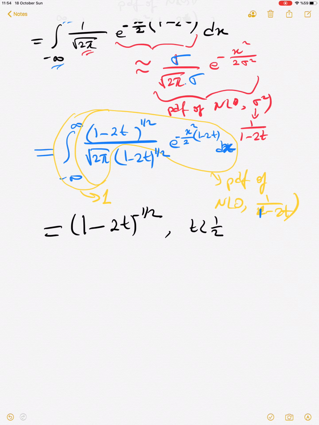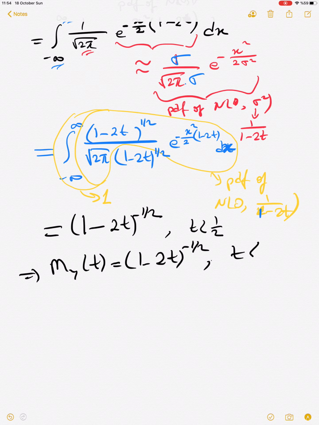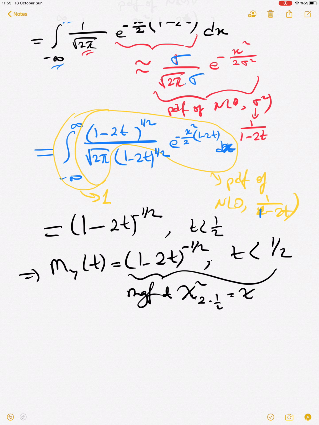Okay, so the moment generating function of Y is obtained as (1 minus 2t) to the minus 1 over 2, where t is less than 1 over 2, which is the MGF of chi-square, with alpha 1 over 2, right? Beta is 2, so multiplying these two, 2 times alpha, chi-square 1. Okay, so this is the end of the proof.